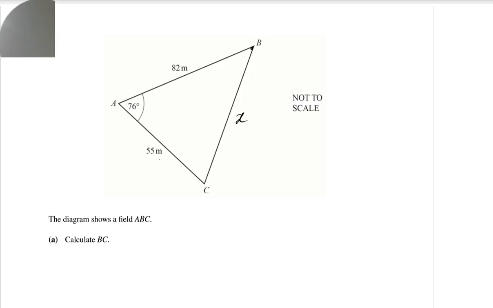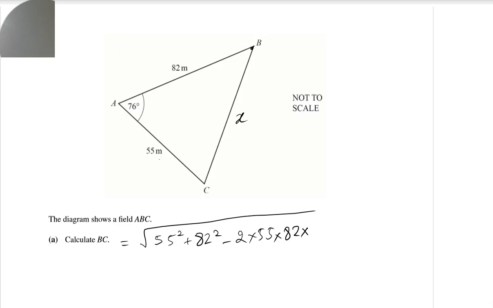So if you are finding a side, we can use it like the sum of the squares of the other two sides other than the one you are finding, that is 55 and 82, minus 2 times the product of these same two sides into the cos of the angle that is opposite to the side you are finding, that is cos of 76.